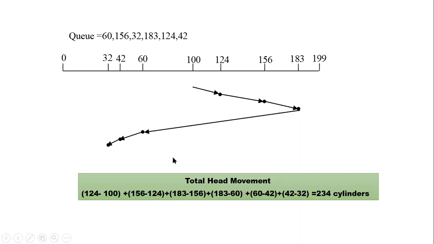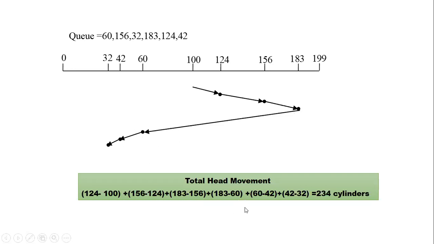So now let us check the total head movement. First it moves from 100 to 124. So 124 minus 100. Then 124 to 156, 156 minus 124. 156 to 183, 183 minus 156. 183 to 60, 183 minus 60.